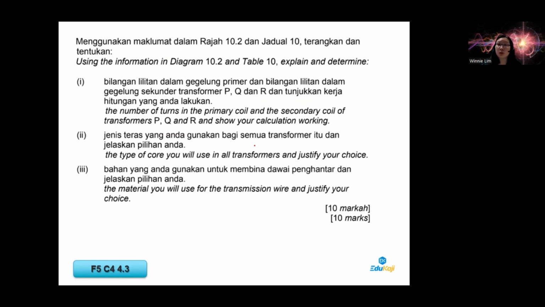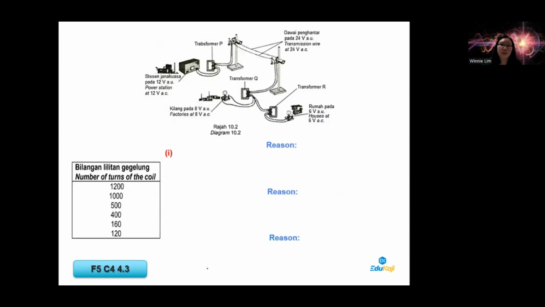Actually, part 1 already enables you to get 3 marks because you need to show the calculation and what turns are suitable. Then next, the type of coil you will use in the transmission, justify your choice, and the material you use for the wire. Okay. So now we will look at this.